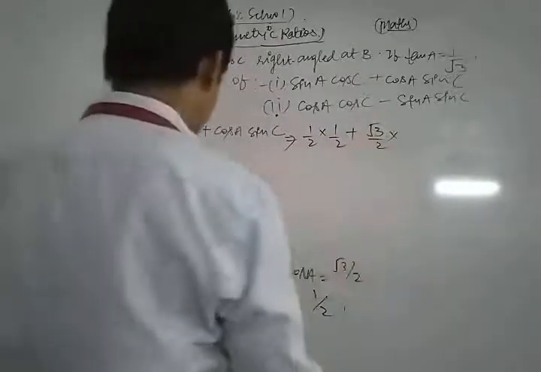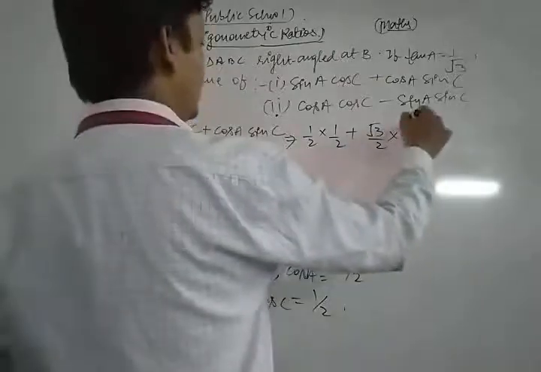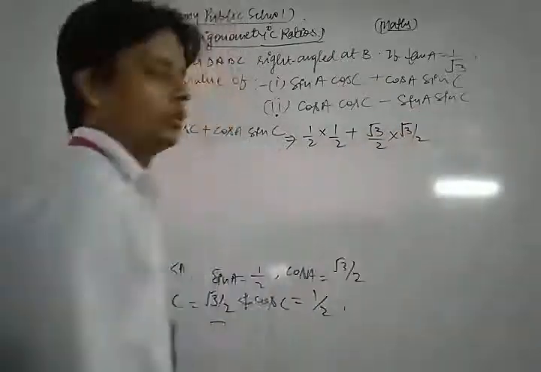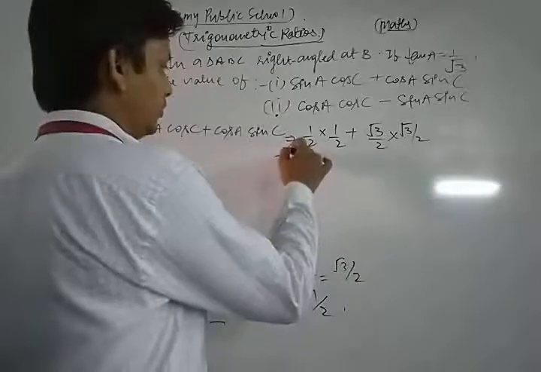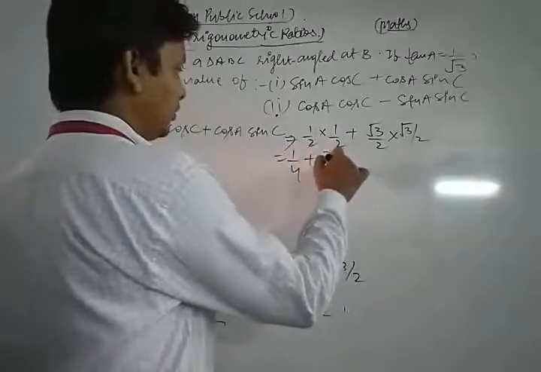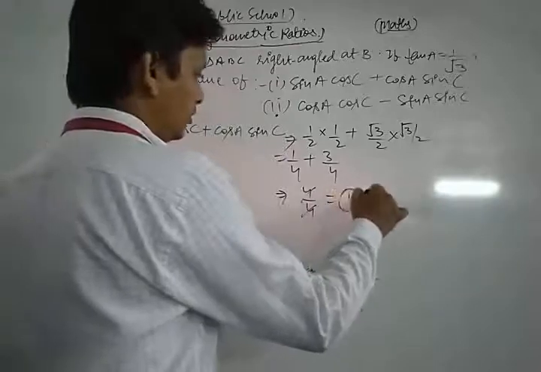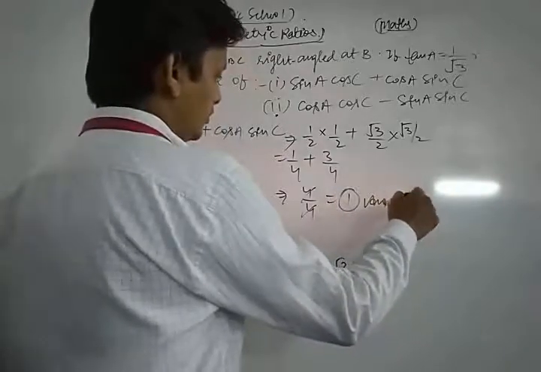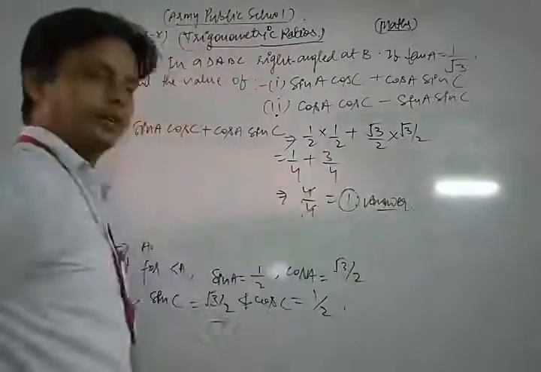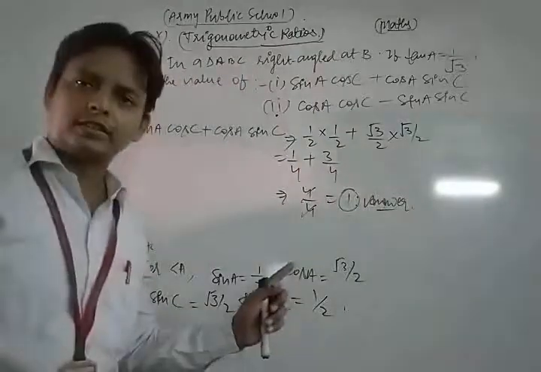This is root 3 by 2 times root 3 by 2, that is 3 by 4. Now we simplify them. We get 1 upon 4 plus 3 upon 4, that is 4 upon 4, that is 1. That is your answer, 1.